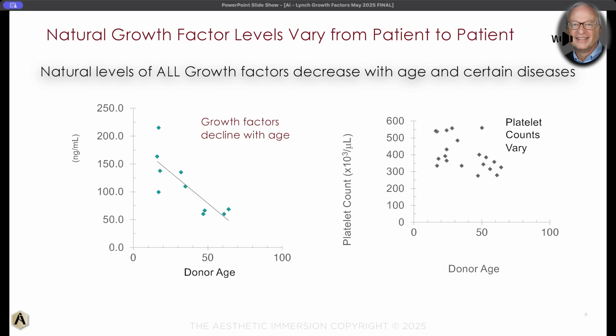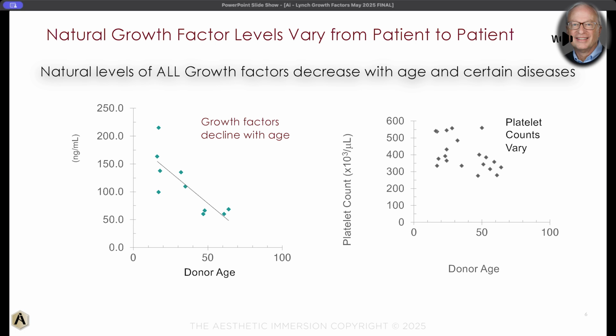Unfortunately for all of us, as we get older, the level of our natural growth factors declines with age and also with certain kinds of diseases. And so we don't heal as well when we're my age, which is older than Lori and Gideon, unfortunately, as we did when we were 2 or 3 or 5 or whatever, when we were much younger.